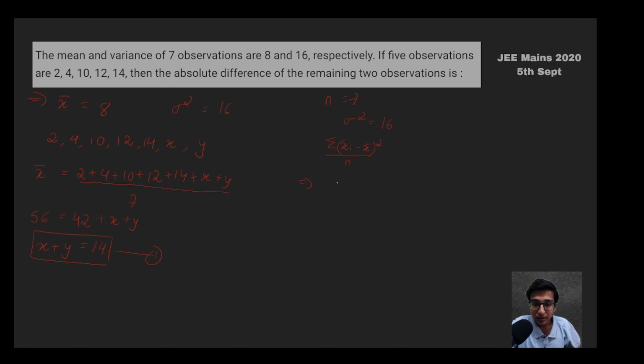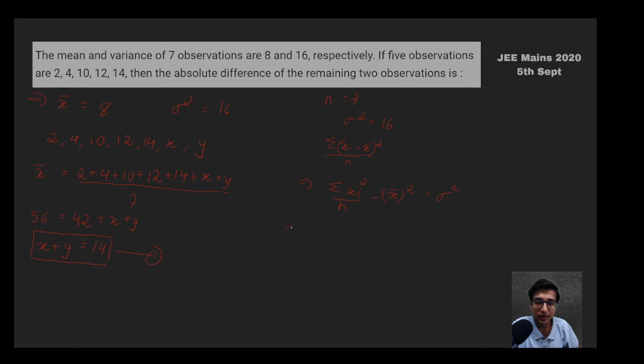So in simple language, this formula can be written as sigma xi square by n minus x bar whole square. This would become our variance.